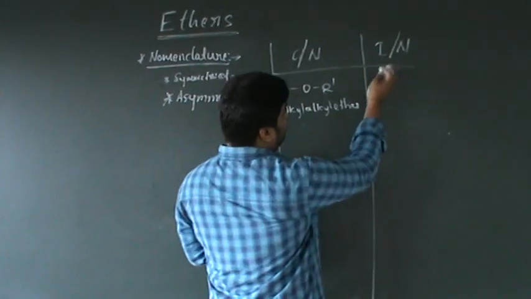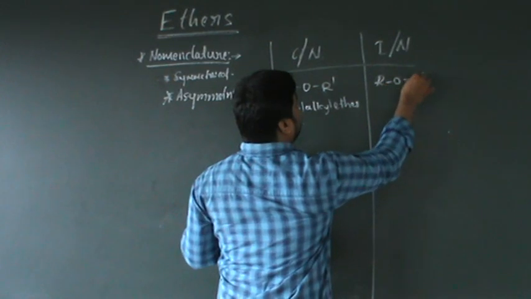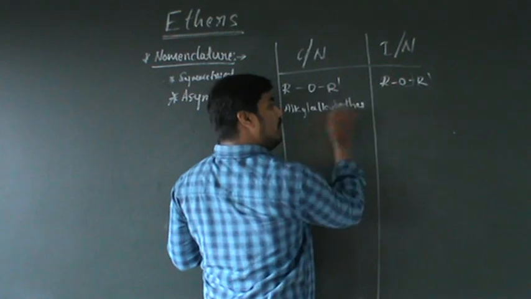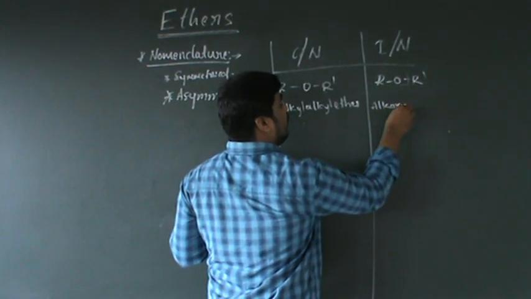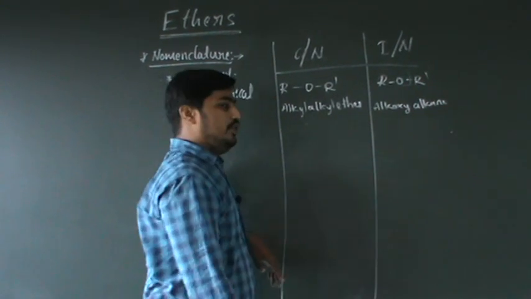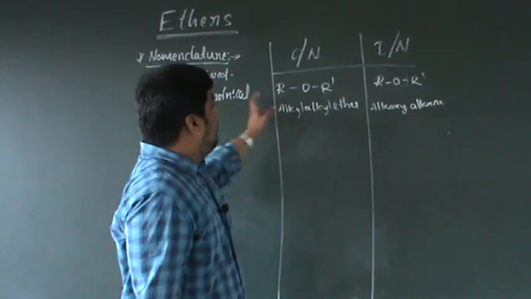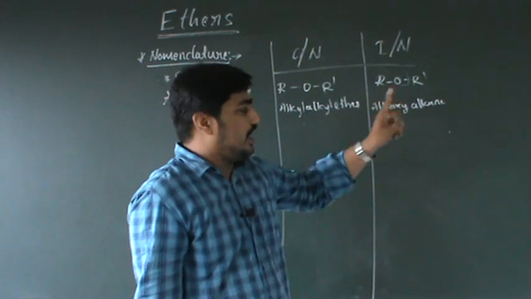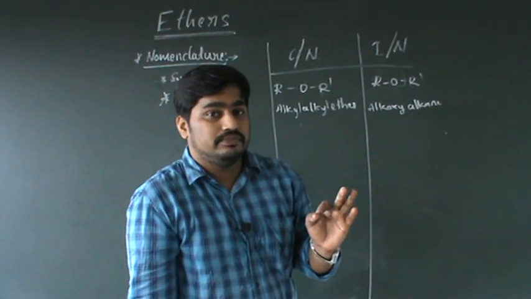In the case of the IUPAC system, asymmetrical ethers are named as alkoxy alkane. There is no difference during the naming of asymmetrical ethers under the IUPAC system. But what is the important thing we should remember here?